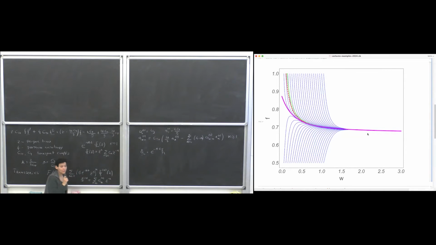What will happen is that you're going to get a term that is exponential of minus 2A phi 1. Of course, to order exponential of minus A phi 1, you can solve it and you get phi 1. But if you don't include an exponential of minus 2A phi 1, it will never cancel the terms that you're getting there. And then you need the next one, the next one, the next one. Does this make sense?